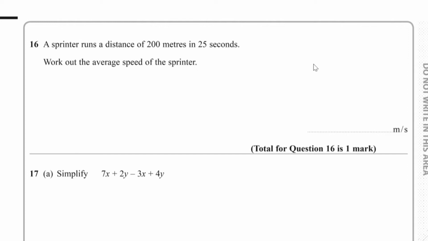Question number 16. A sprinter runs a distance of 200 meters in 25 seconds. We have to work out the average speed of the sprinter. Well, the speed is equal to the distance, 200 meters, divided by the time, 25 seconds.